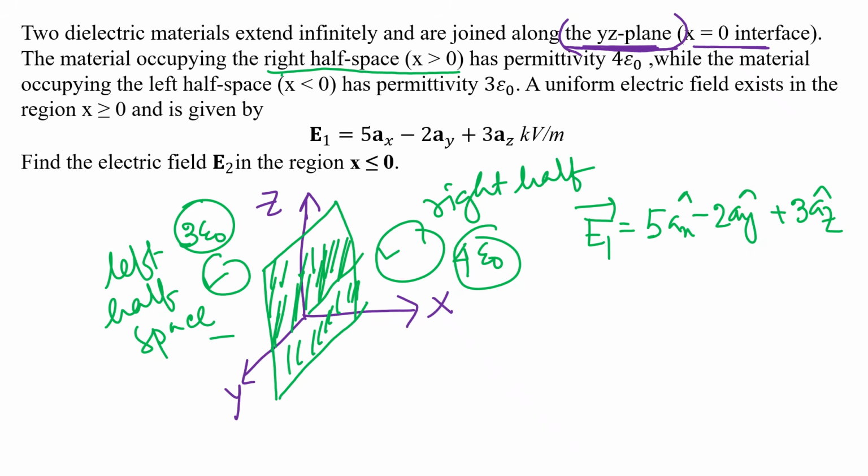So our first task will be to find out the tangential component and normal component. Now if the surface is aligned along the yz plane, that means which axis is perpendicular to the surface? X-axis. So which vector will be the normal vector to the surface? It will be ax cap. So ax cap is the unit vector which will be normal to the surface.